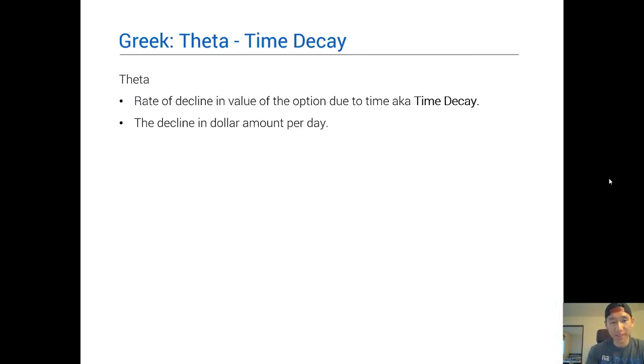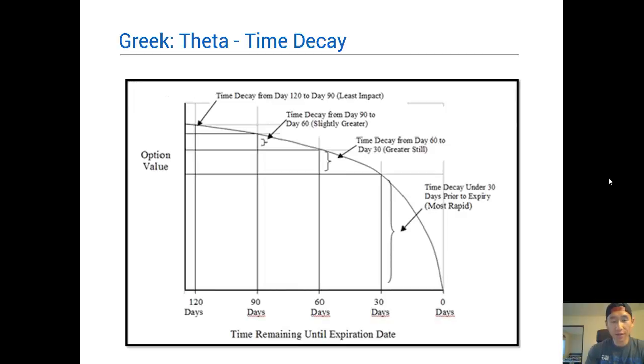But I did want to note that theta is not constant throughout the life of the option. So here's a graph that shows the option value and the time remaining until expiration.